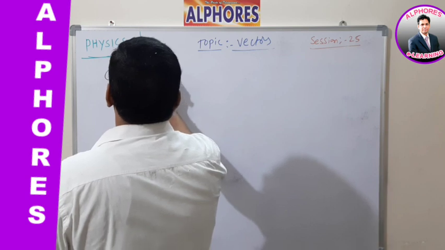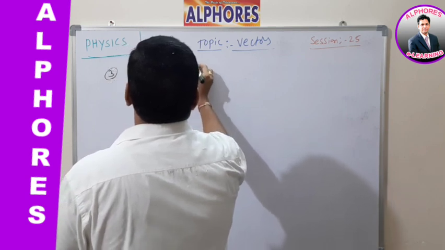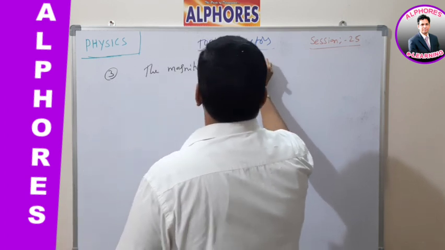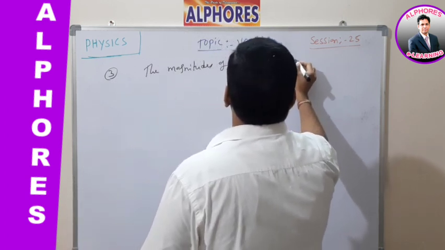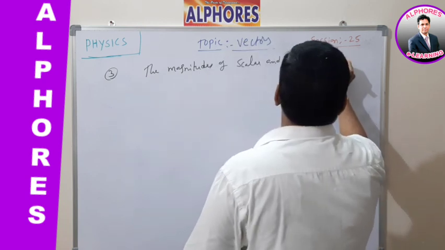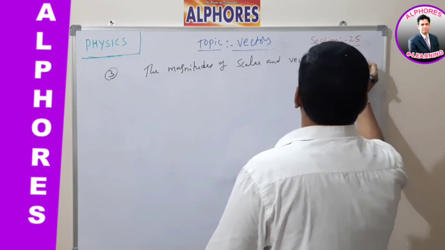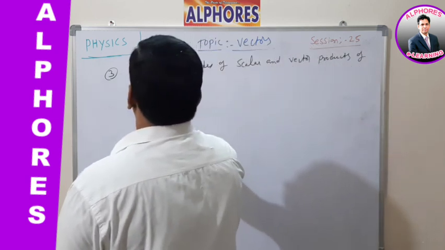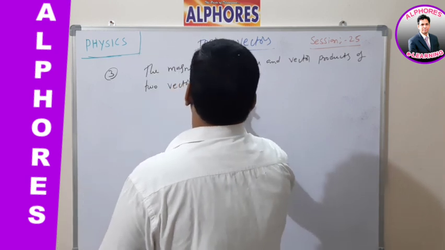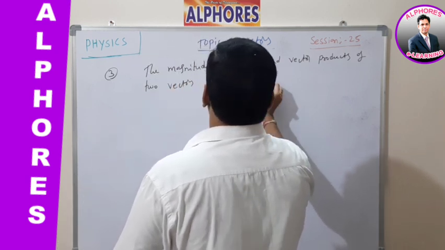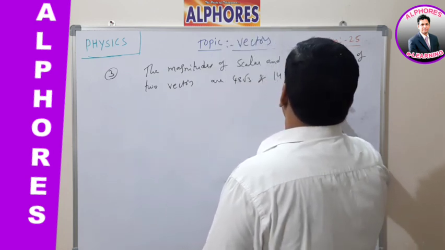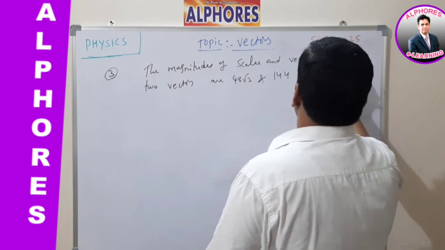The magnitudes of scalar and vector products of two vectors are 48√3 and 144 respectively.